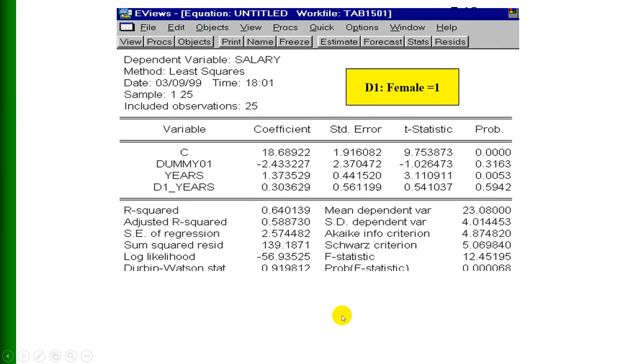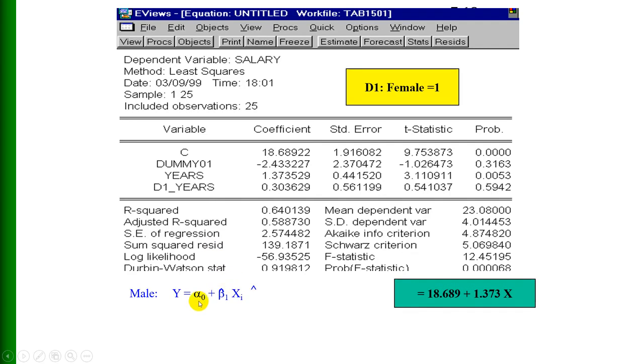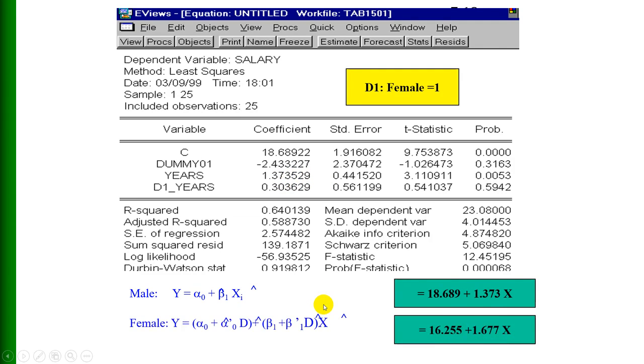This is when we use the dummy for female as 1, and we also use the interaction term of the dummy with the years. So let us see. Now this is the model, and the coefficient is equal to this, and this is the slope 1.7335, and for female this is for male.